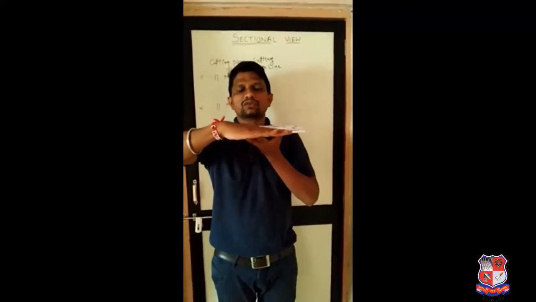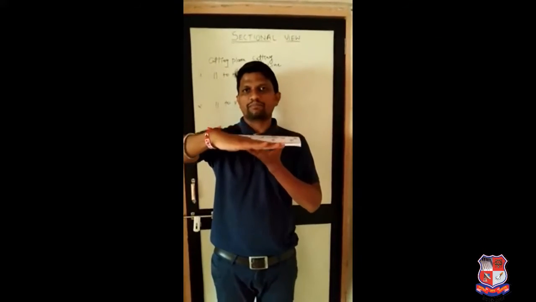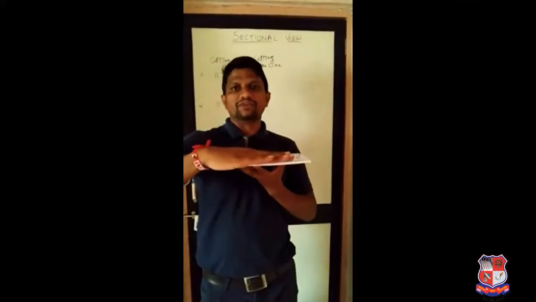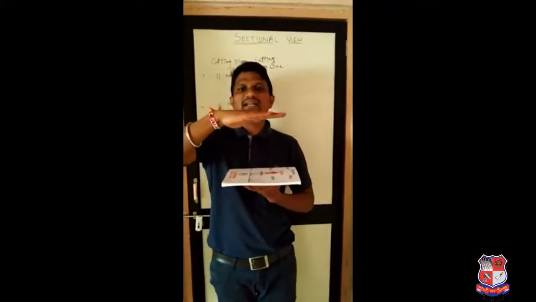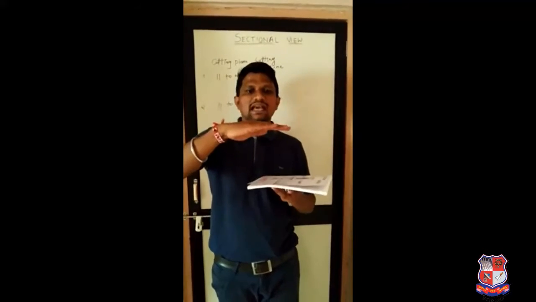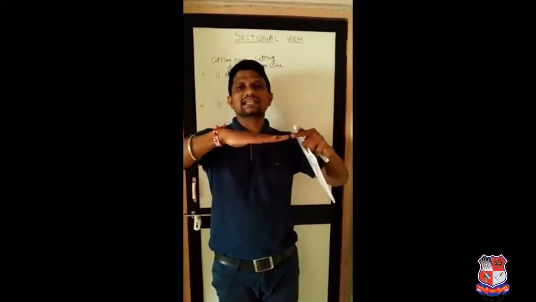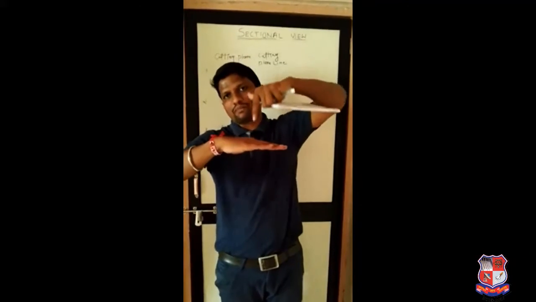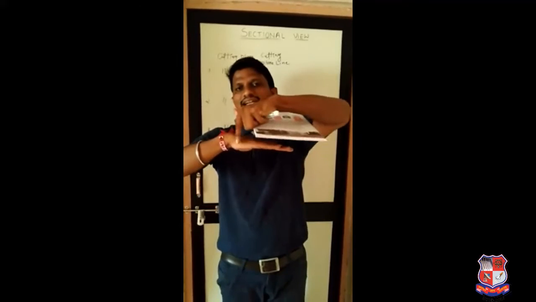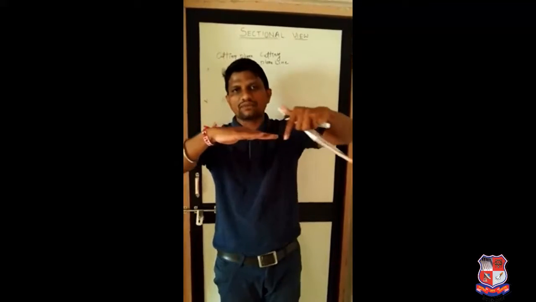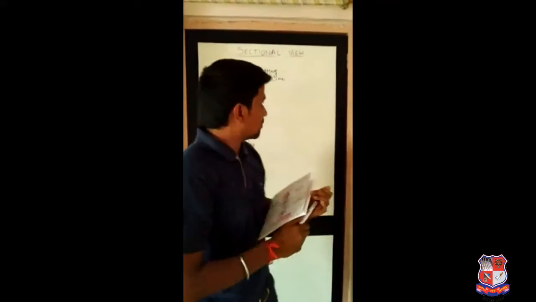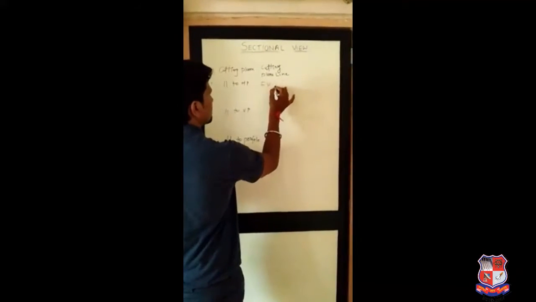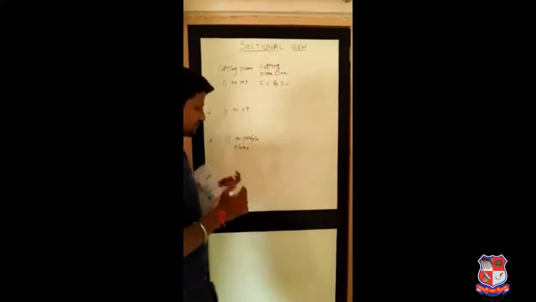In the front view, the cutting plane line will be visible, as well as in the side view. The cutting plane will not be visible in the top view, right? So the cutting plane line is visible from the front view and side view.